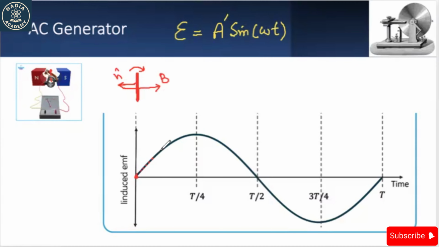And it is going to increase until you reach the situation where the angle between the area of the coil and the magnetic flux density is 90 degrees. In this situation there is no more rate of change of the linked magnetic flux.